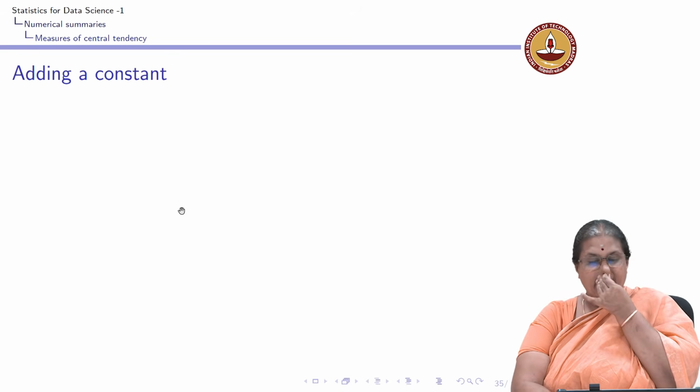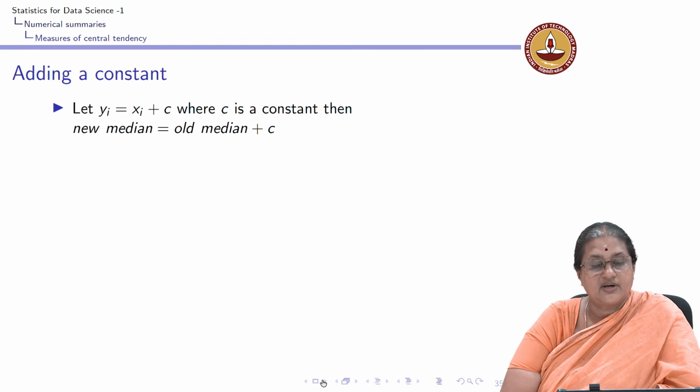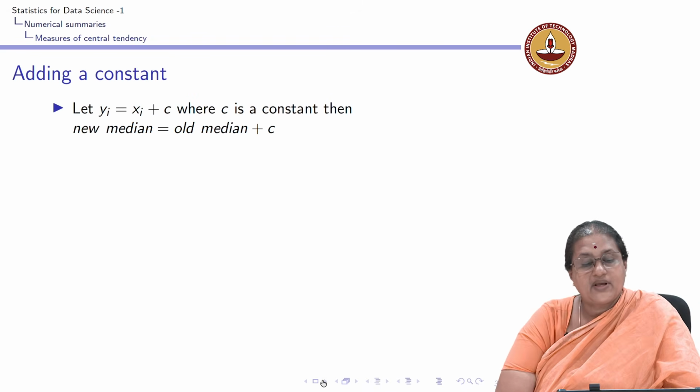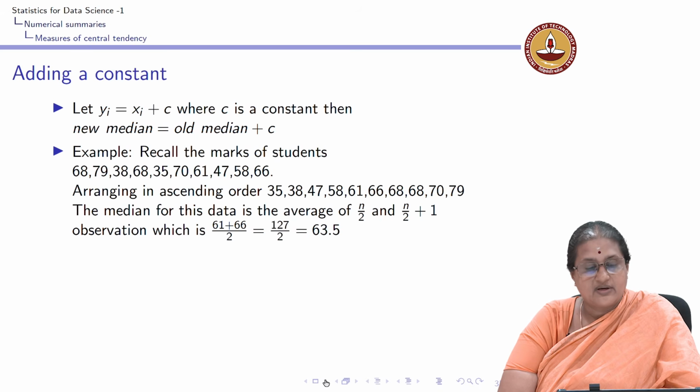So what happens when we add a constant to the data set? Let yi be xi plus a constant c, where c is a constant. Then what happens to my new median? Let's go back to the example of the marks of my students. Again, I arrange them in ascending order, and the median is 61 plus 66 by 2, which is 63.5.